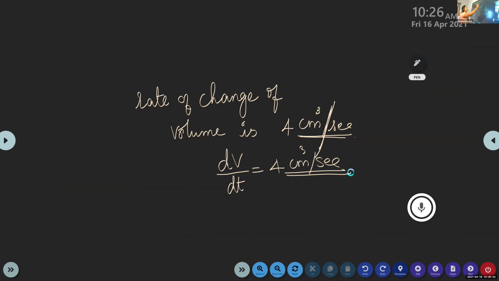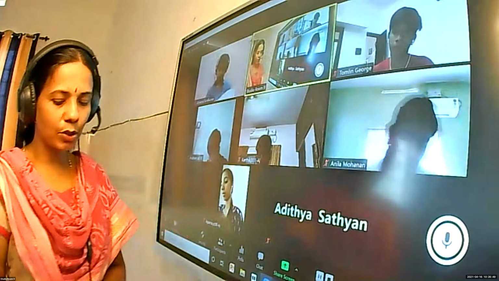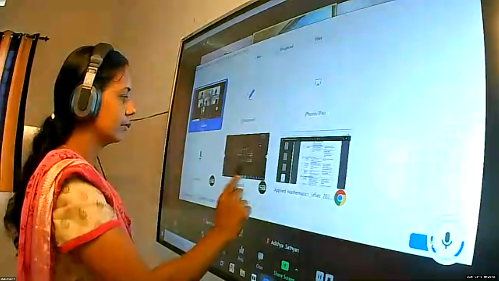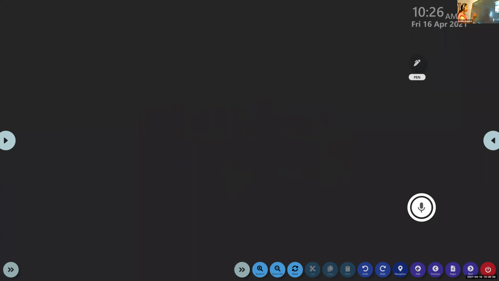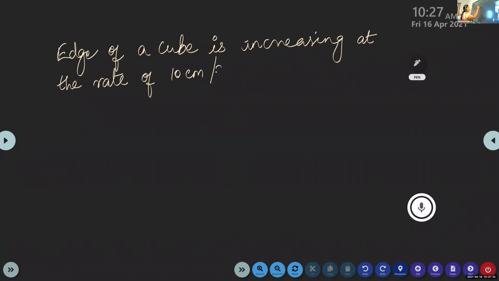Okay. Now let's do the next question. Next one, write the question. The edge of a cube is increasing at the rate of 10 centimeter per second.